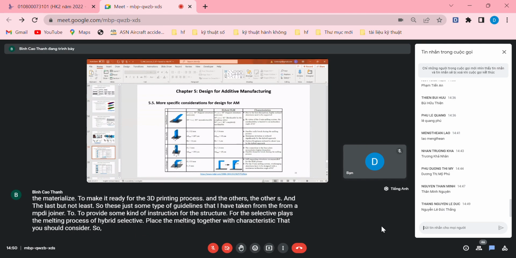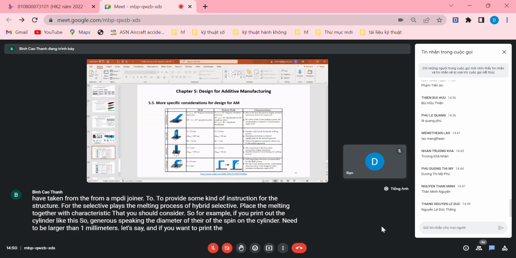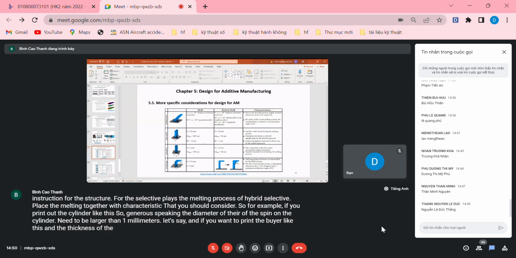So, for example, if you print a cylinder like this, generally speaking, the diameter of the cylinder needs to be larger than 1 millimeter. And if you want to print a bar like this, the thickness of the bar should be at least 0.2 millimeters, and so on.